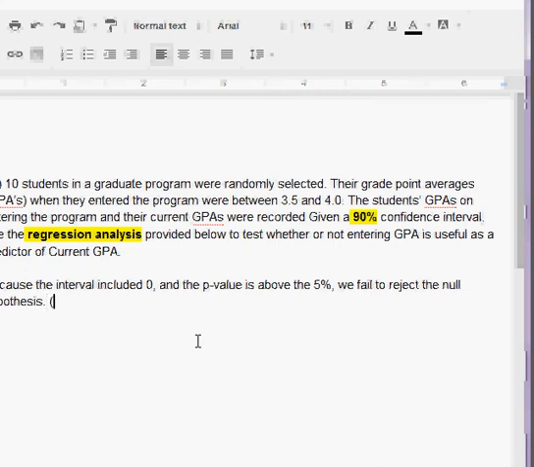And the null hypothesis means no change. So we fail to reject that there was no change.